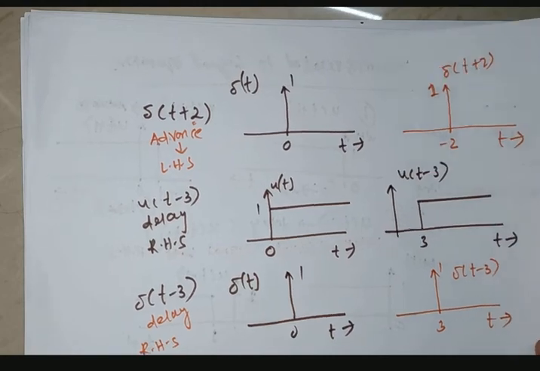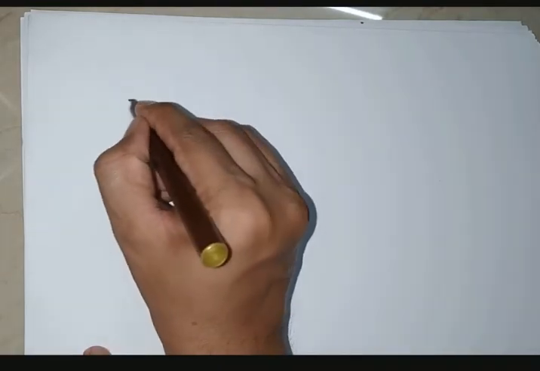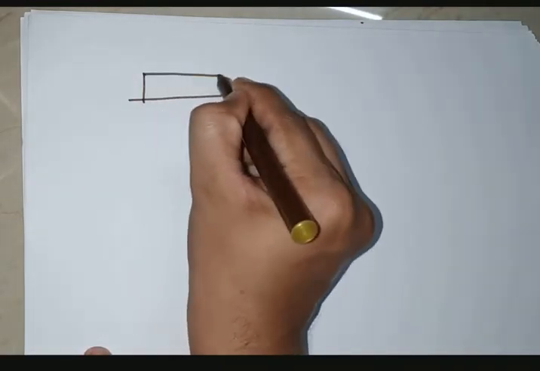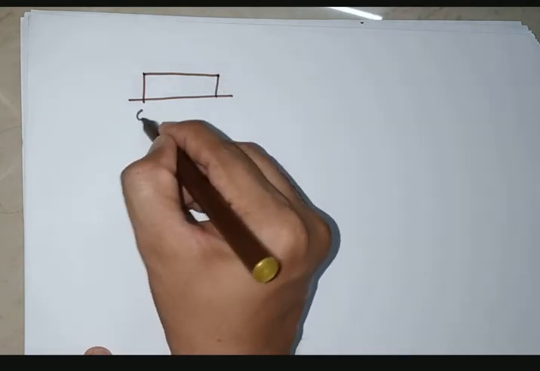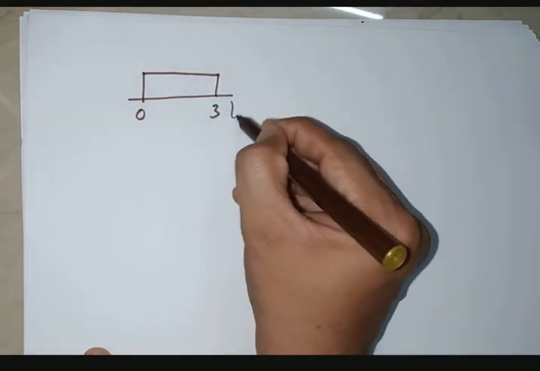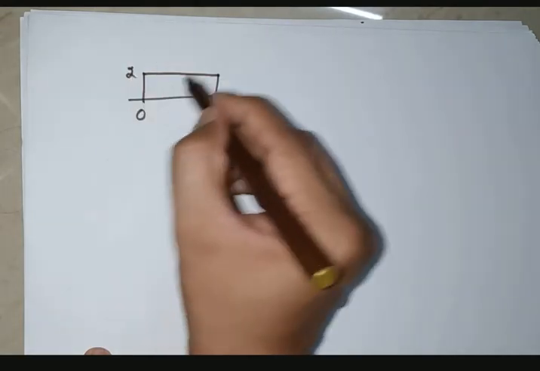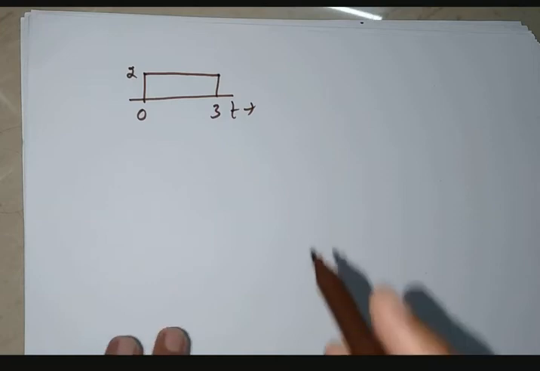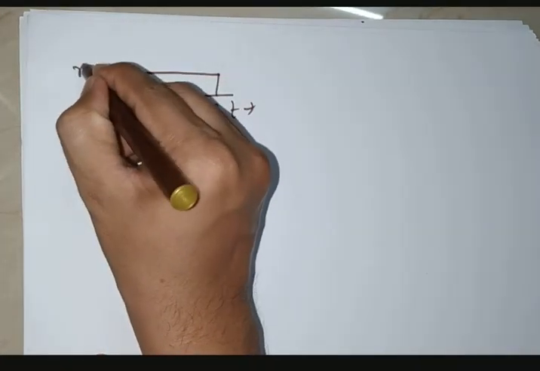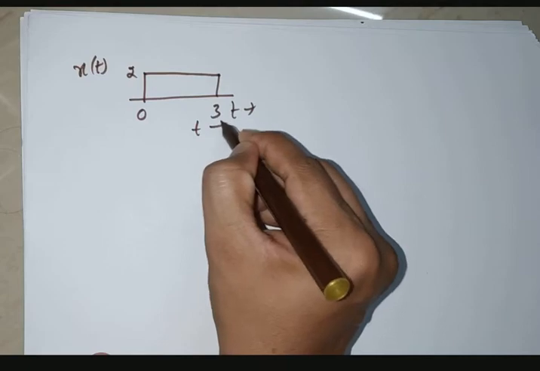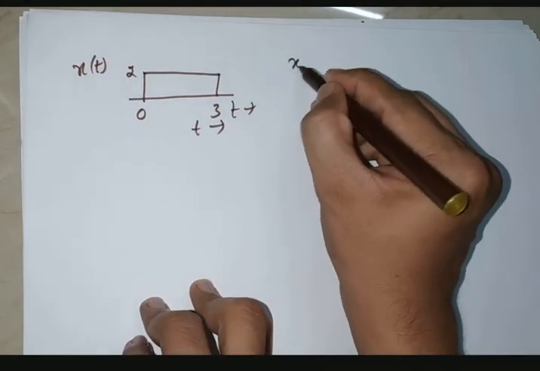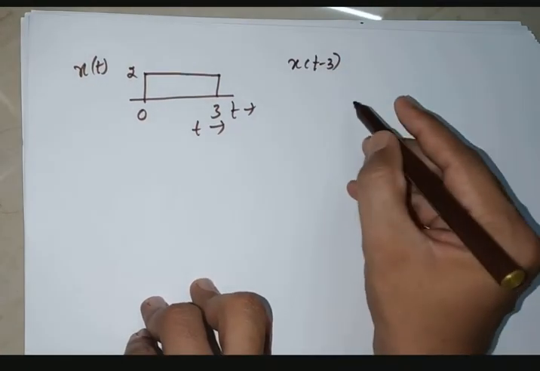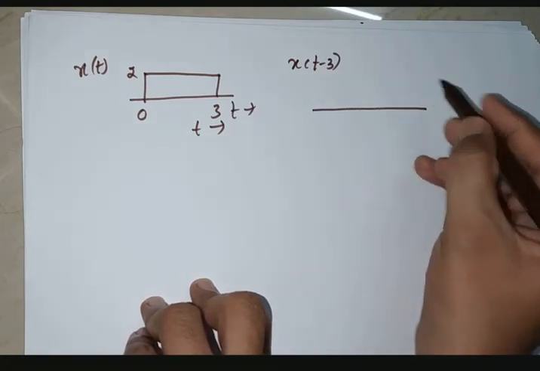Okay. If you want to take some more signals, let me take a rectangular signal like this, from 0 to 3 with amplitude 2. Let this be my signal x of t. Now I want to find x of t minus 3. Simple.